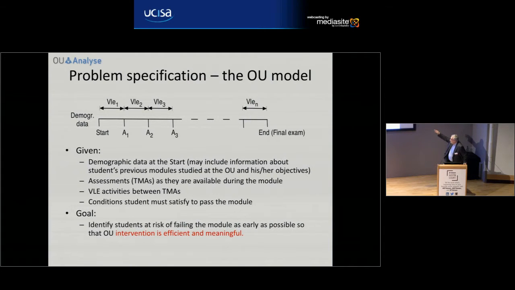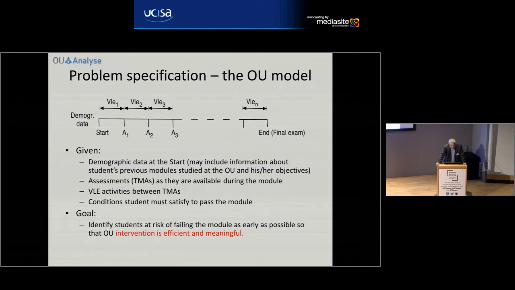We have demographic data, this is what we have at the start of the presentation. They are static to some extent. Obviously then we have assessment data, VLE activities, and also we have the conditions which the student must somehow meet to progress to complete the module.